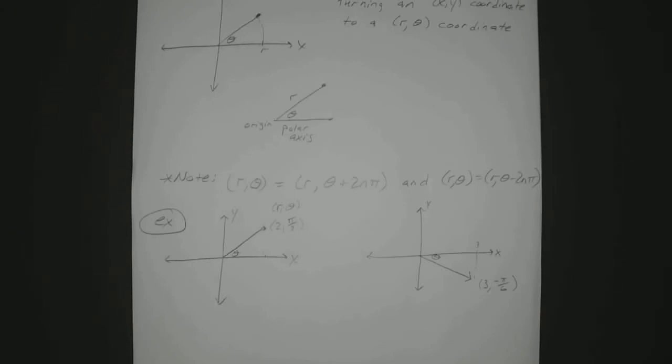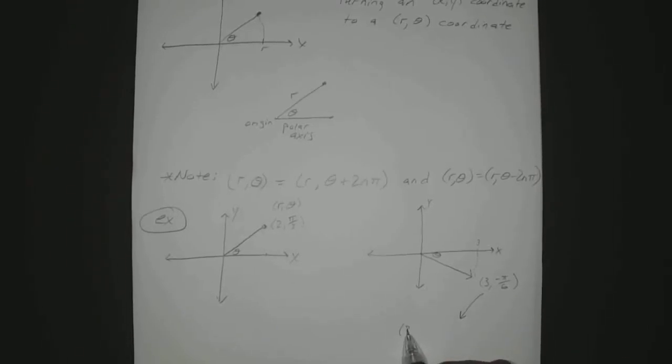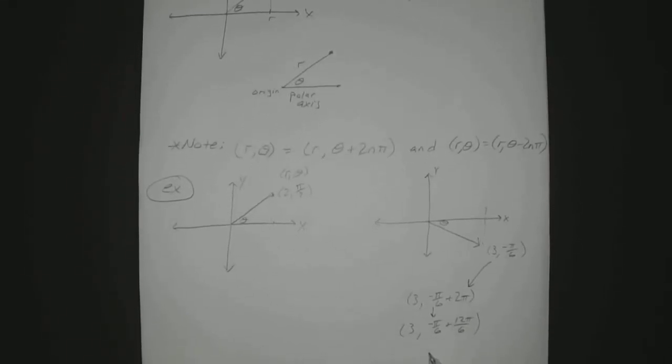Now, if we didn't want a negative pi over 6, we could easily rewrite it as 3, negative pi over 6 plus 2 pi, which would give us 3, negative pi over 6 plus 12 pi over 6. So we can always rewrite it as 3, 11 pi over 6.